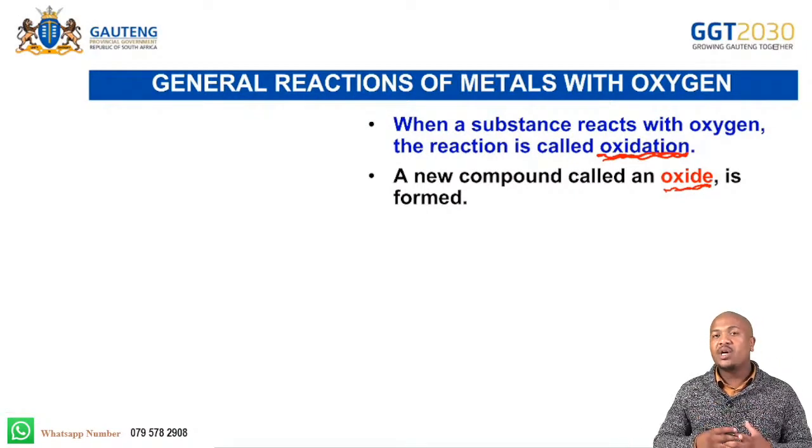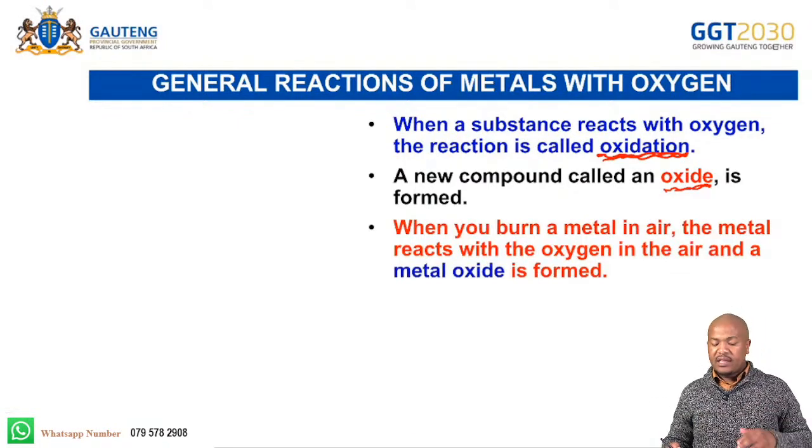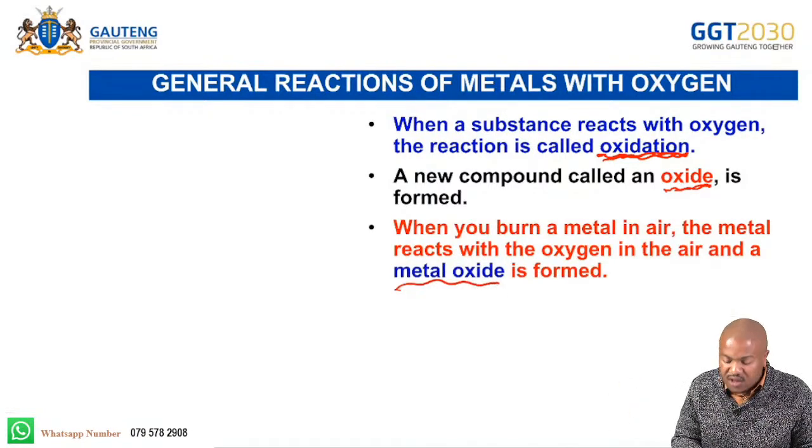Because today we're talking about the reactions of metals with oxygen, when a metal reacts with oxygen, it forms a metal oxide. So when you burn a metal in air, the metal reacts with the oxygen found in the air around us, and a metal oxide is formed.